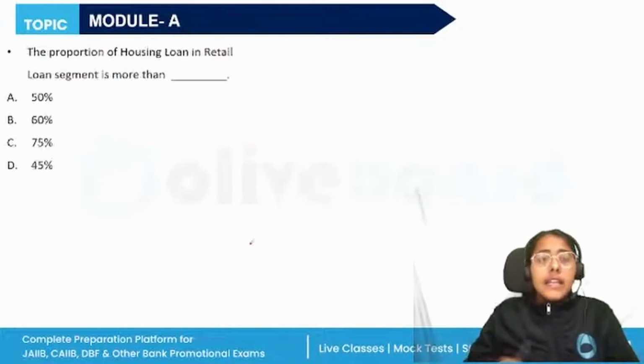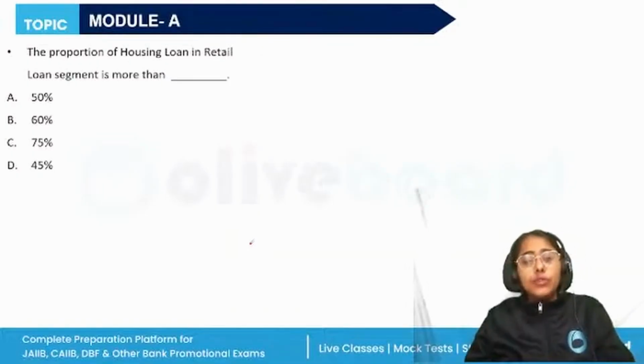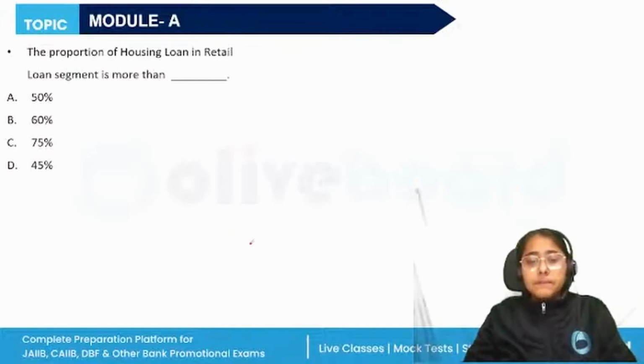All right. Next, we move on to the question: the proportion of housing loan in the retail loan segment is more than what? Option A 50%, option B 60%, option C 75%, or option D 45%.